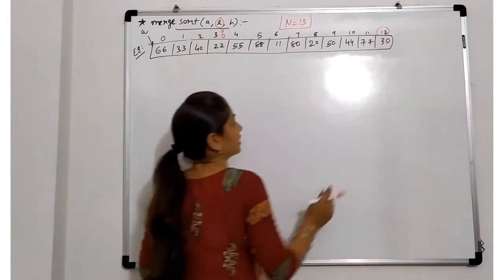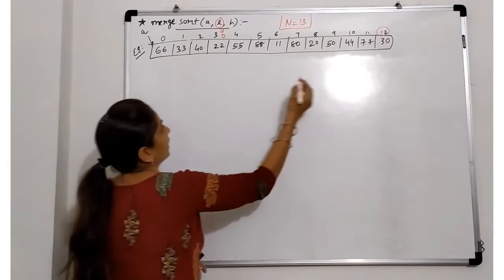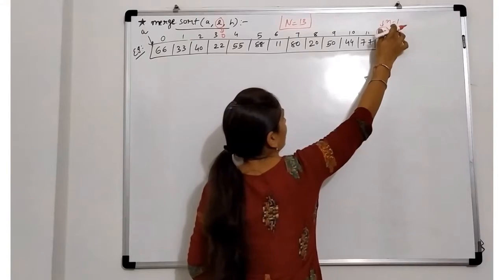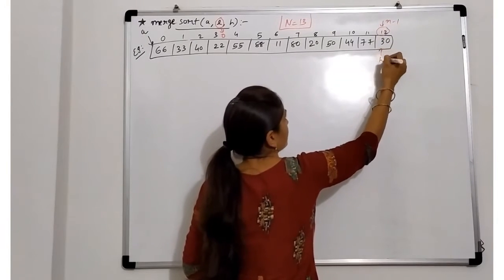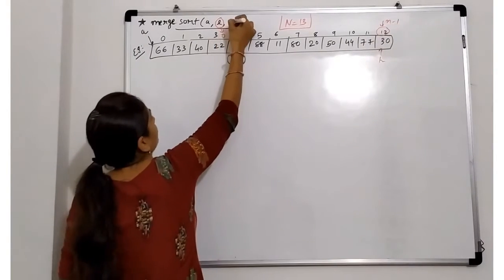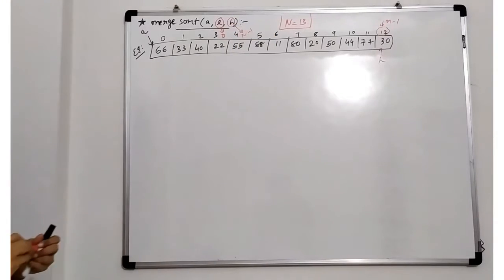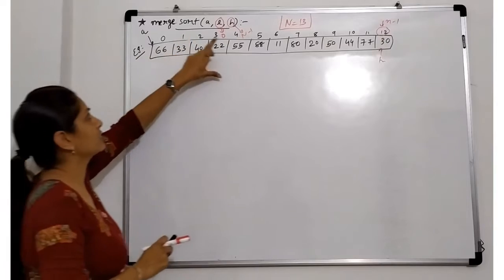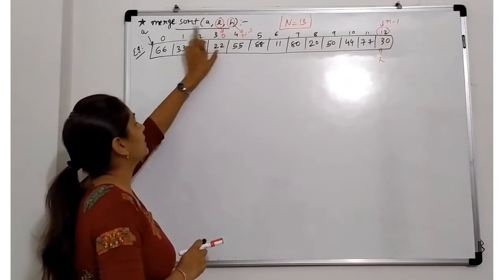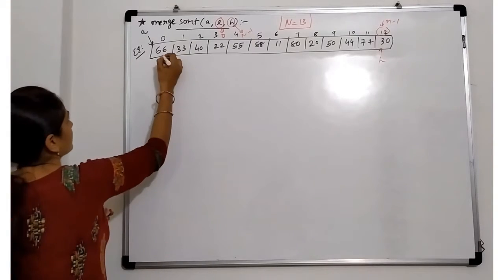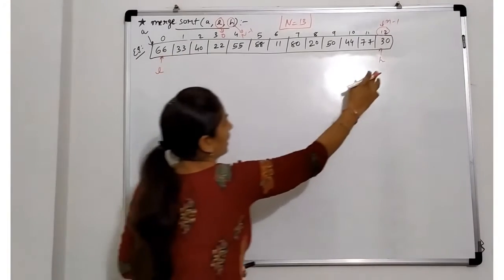The higher limit is this 12, which is n minus 1, because n is 13. So h is n minus 1. Clear? So this function is called with three arguments: a, l, the lower limit, and h, the higher limit.